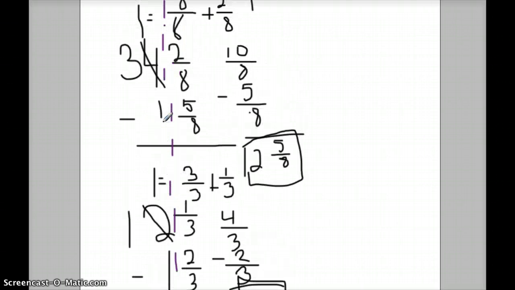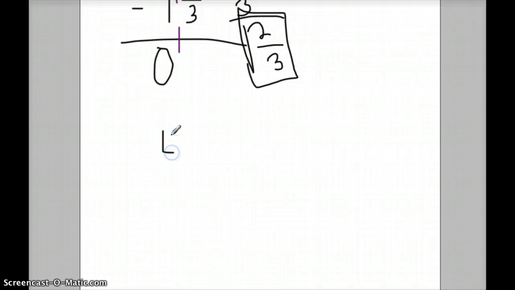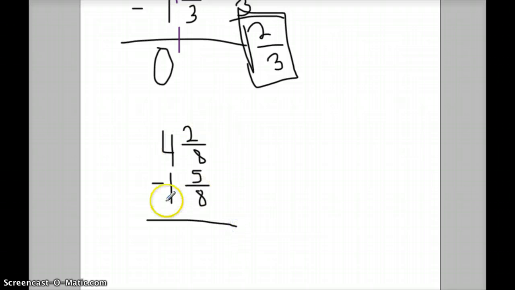We're going to start with that first problem, which is 4 2/8 minus 1 5/8. And now instead of regrouping, I'm actually just going to make them into improper fractions automatically. So I don't have to think of this as 2 problems.